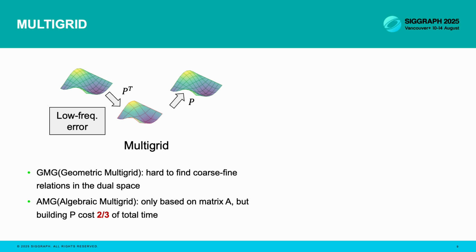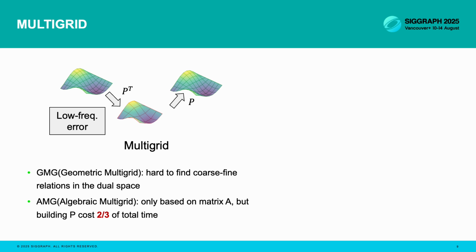GMG needs geometric relations to define a prolongator P, which is tricky in dual space. In contrast, AMG only needs the matrix as input, so we choose AMG. We tested off-the-shelf AMG solvers like AMGX and AMGCL, but they either failed to converge or were prohibitively slow.